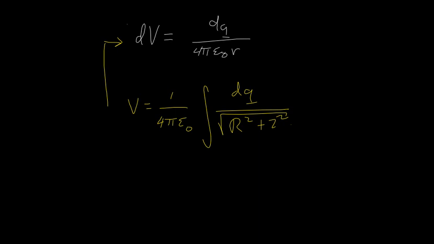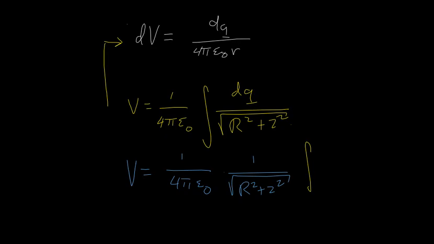So what that means is the third step here is to say that V is equal to 1 over 4 pi epsilon naught times 1 all over the square root of R squared plus z squared, and then I'm just integrating with respect to q. The integral of dq over the ring is just the total charge. You would agree with me that if you integrate with respect to q over the ring, it's total charge.